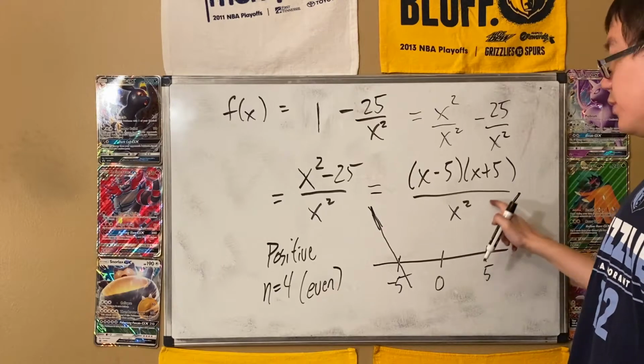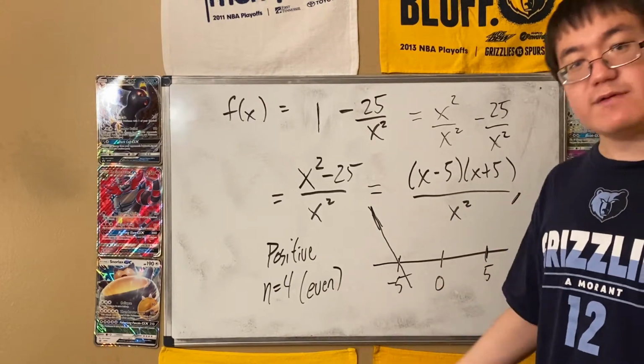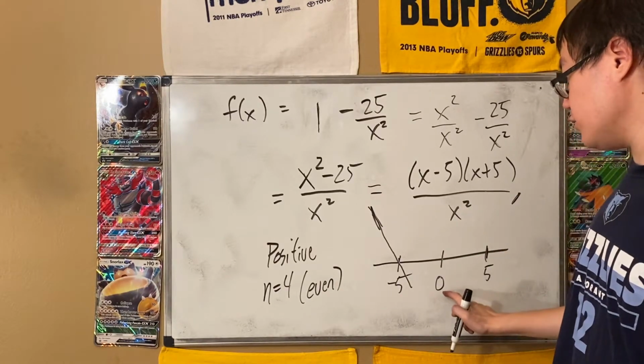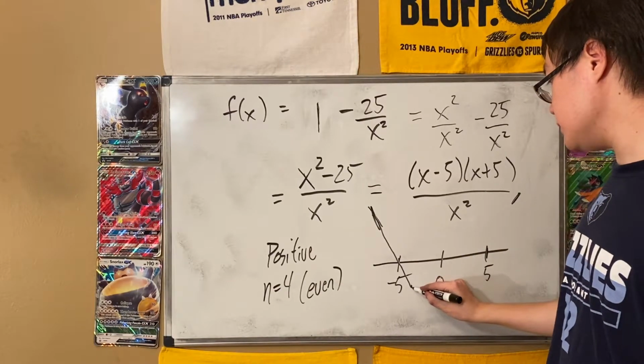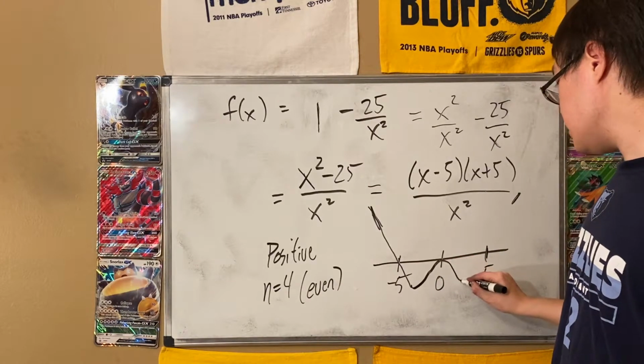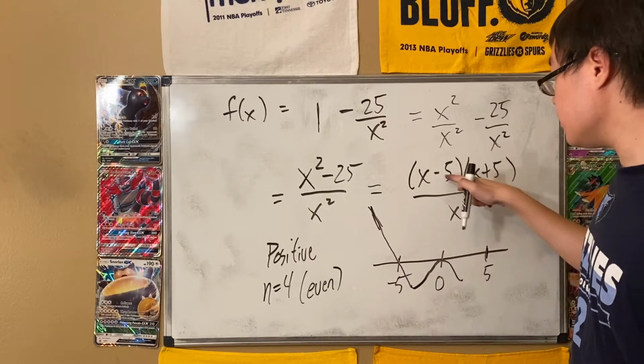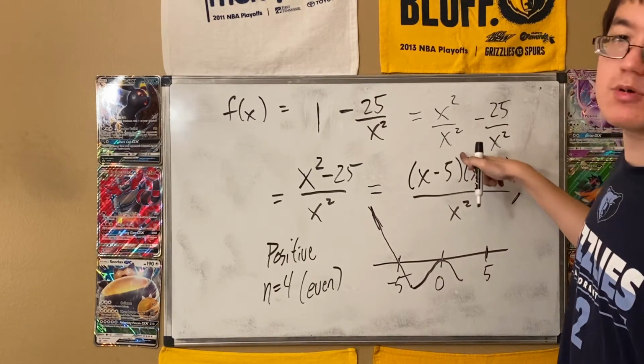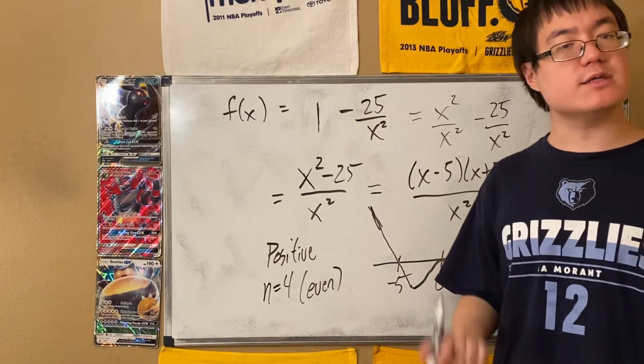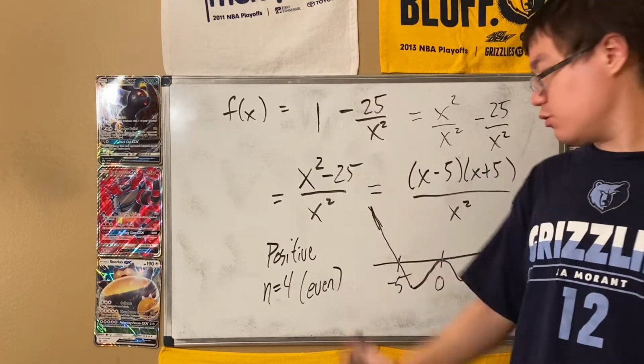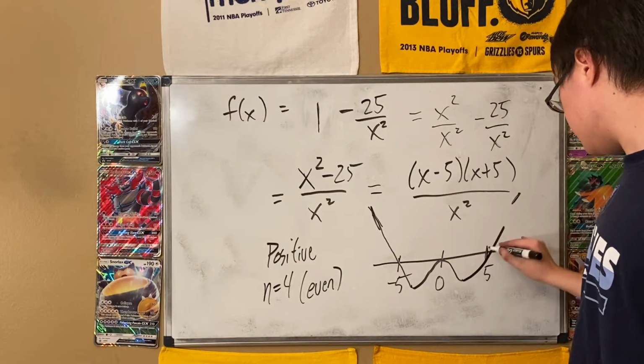Then as I approach 0, because it's squared, the power is even, not the 0 itself, but the power is even, so it's going to bounce here. And then finally, as it goes to 5, I'm looking at this invisible to the 1, an odd power, so it's going to go straight through. So it's going to be this guy right here.